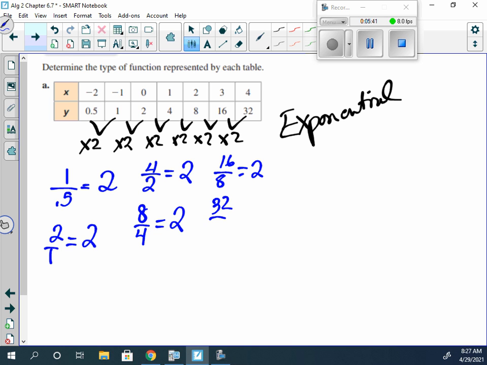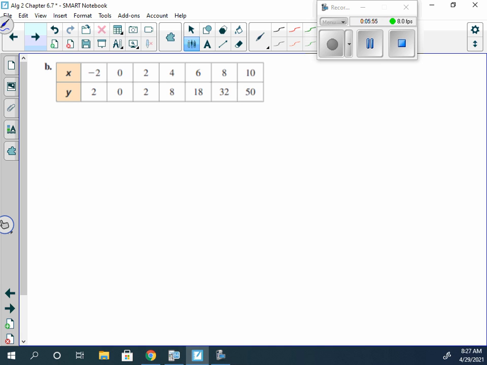And 32 divided by 16 is 2. There's going to be this common ratio between any two consecutive outputs. So it'd be exponential. And how about this one here?